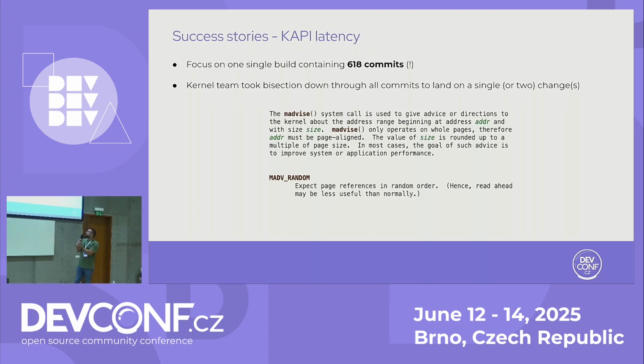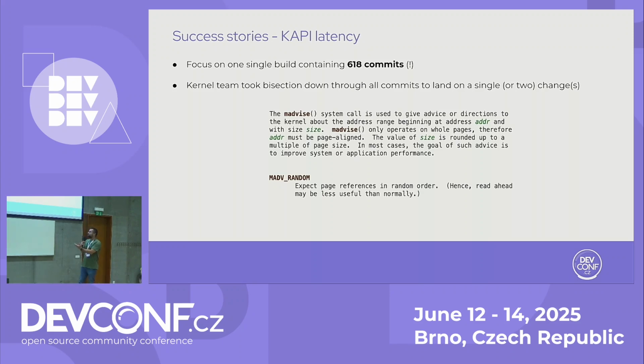The kernel had like 600 commits of difference between the two releases. When we started working with the kernel team, they started git bisecting until they reached one or two commits that were the culprit of the behavior that we were observing.